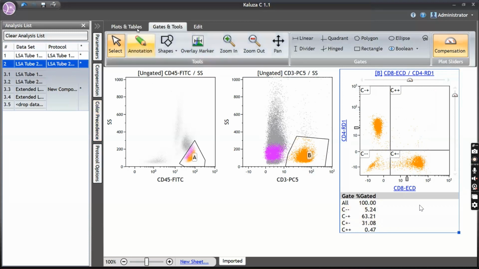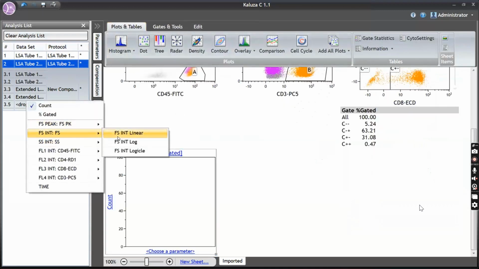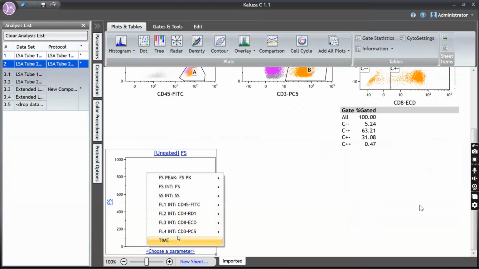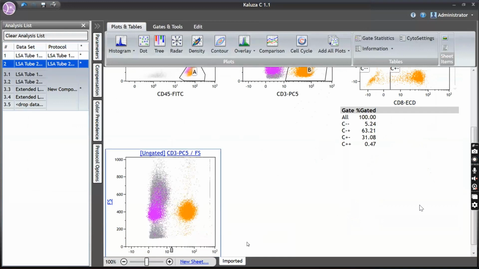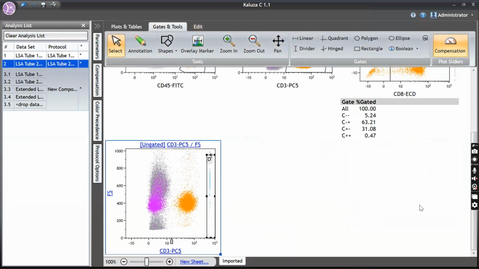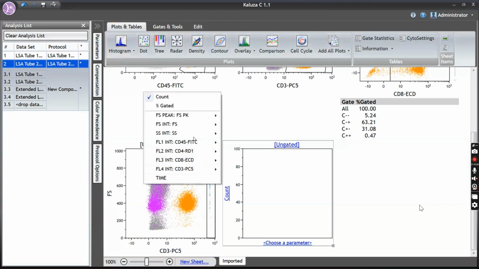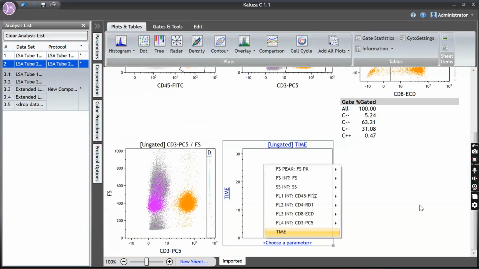What you do, you need to get the beads. With forward scatter and any of the fluorochromes, you can find the beads. So you find the beads here. Get them. Now you need to refine them with the time plot. Better to do that.